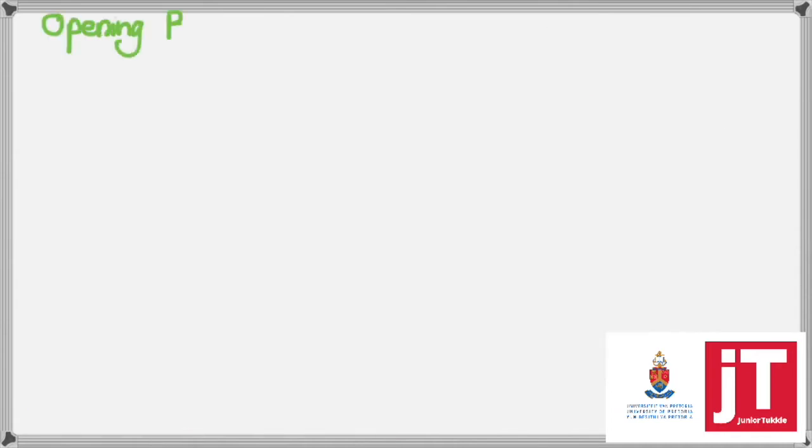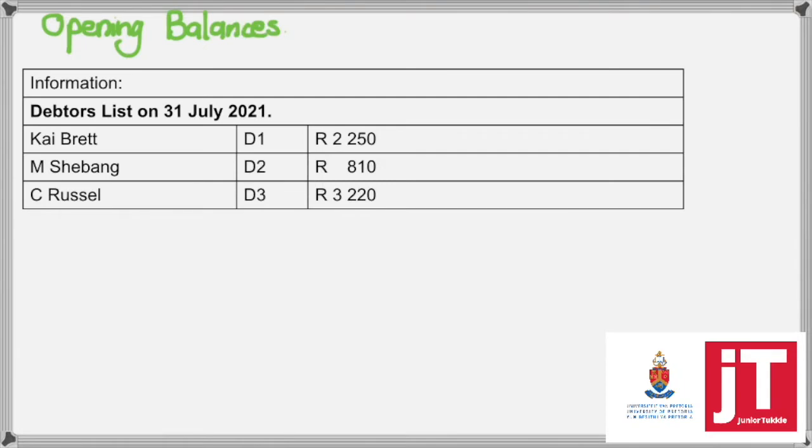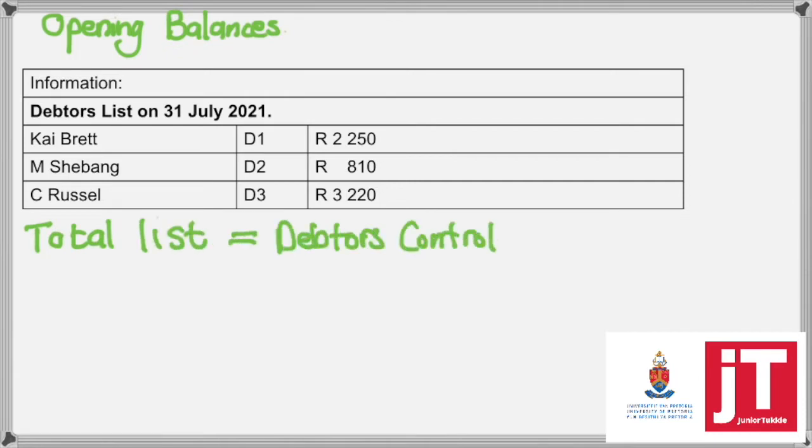So if we look at the opening balances, they give us a list of information from the debtors list of last month. And they tell us Brett owed 2,250, Shabang owed 810 Rand, and Russell owed 3,220 Rand. Now, if you add that, it should then equal the debtors control.